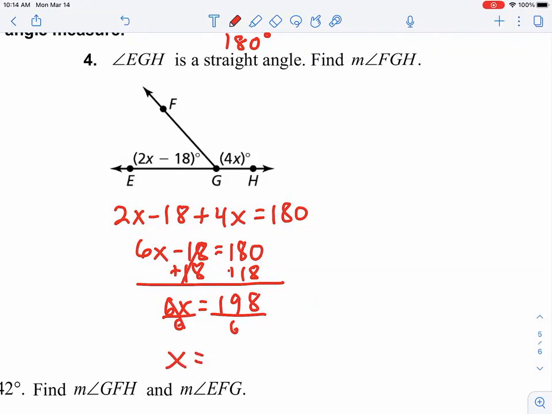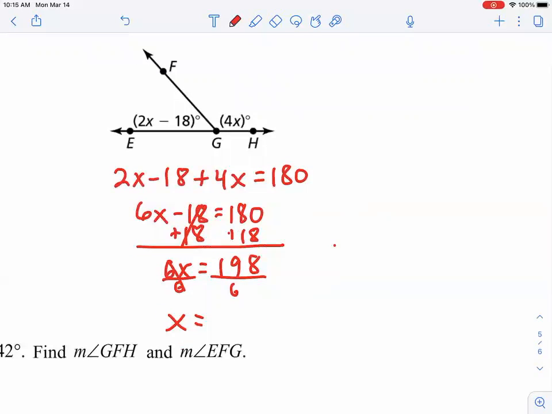All right, so help me out with your calculators then. 198 divided by 6. 33. It's going to be, say that again? 32? 33. 33, exactly 33? I got 32. Let's see, 198 divided by 6. 6 goes into 19 3 times, so remember this old deal?